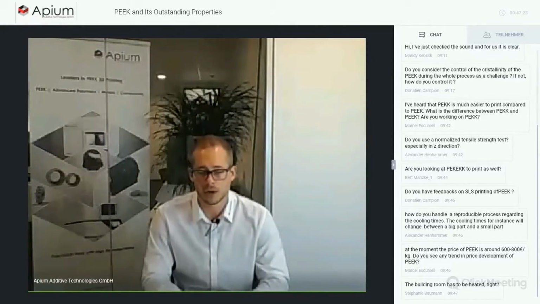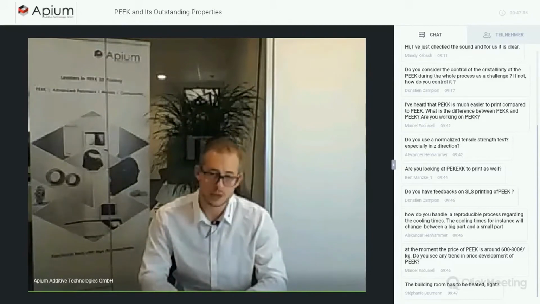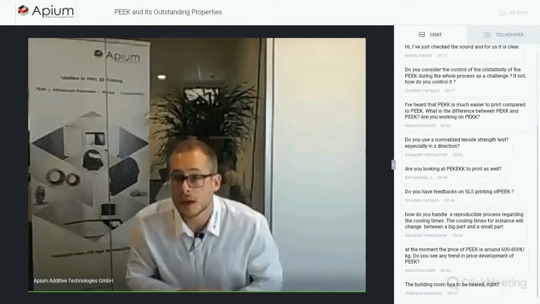But you're right, for bigger parts it is different than for smaller parts. Therefore we are looking into it in a design of experiment, trying out different options to increase our data storage on this.